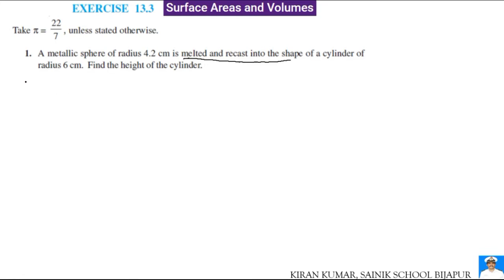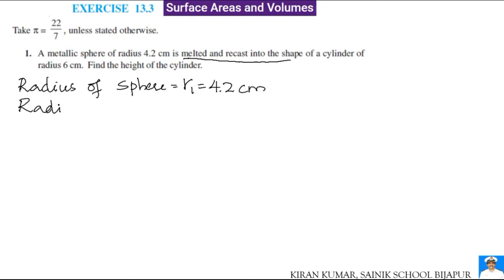First, let me list out the given things. They have mentioned the radius of sphere as 4.2 centimeter. I'll call this as R1, 4.2 centimeter. They have also given the radius of cylinder. I'll call this as R2, 6 centimeter.